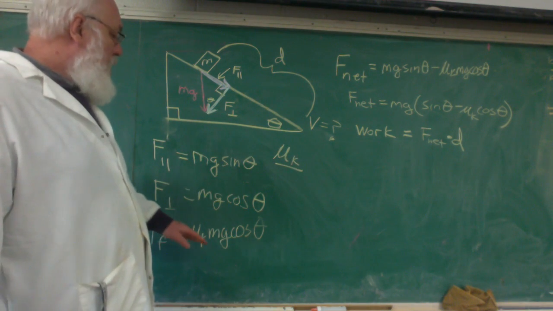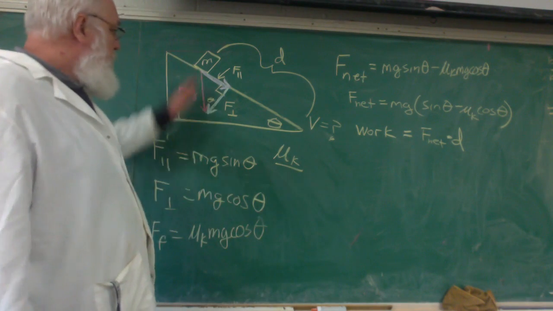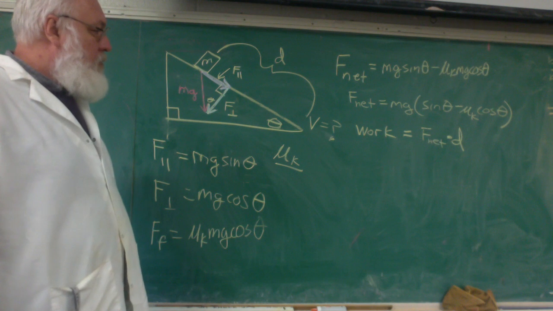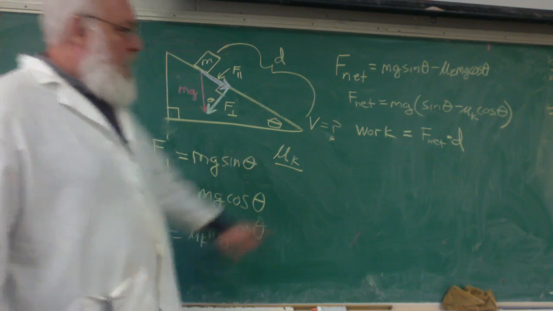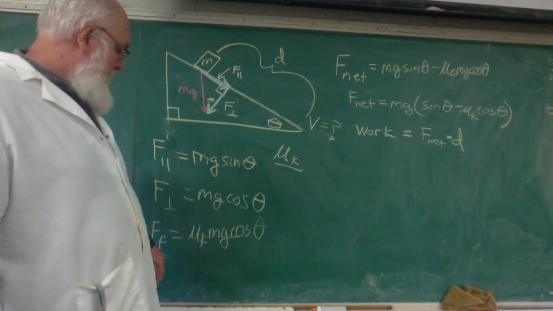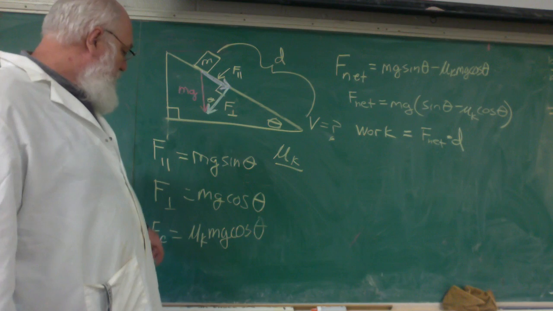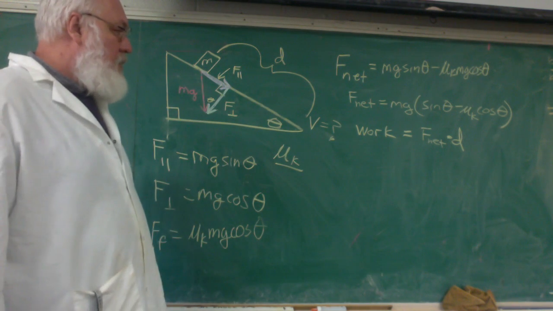Now that work, some of it is wasted by overcoming friction, and some of it goes into accelerating the object. So, you know, the net force takes care of that. The net force is subtracting out the force that goes into friction, and so it's just the force that's going to be accelerating it down the incline.